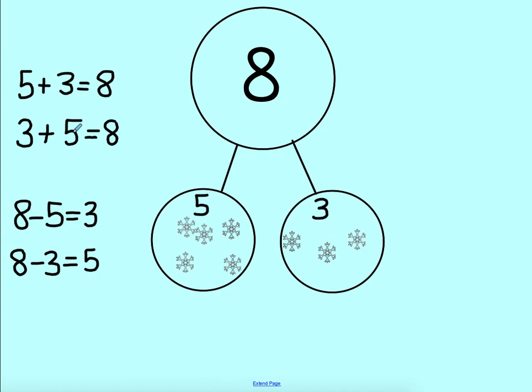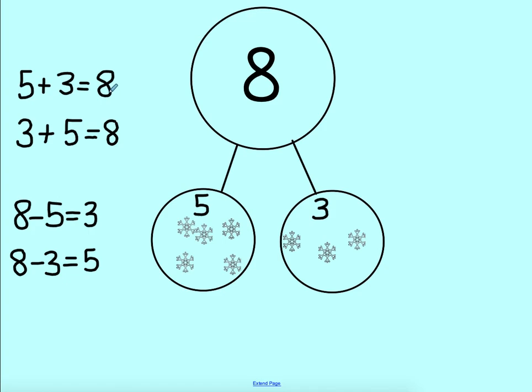They all have a 5. They all have a 3. They all have an 8 also. So they all have 5s, they all have 3s, and they all have 8s.